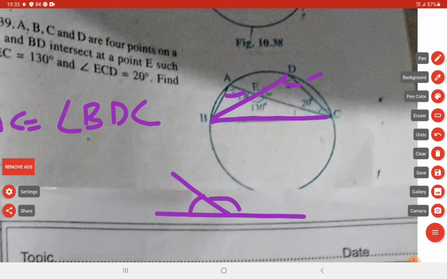Then the two angles, angle BEC and angle DEC, are linear, and BEC is 130 degree, so angle DEC is 50 degree.